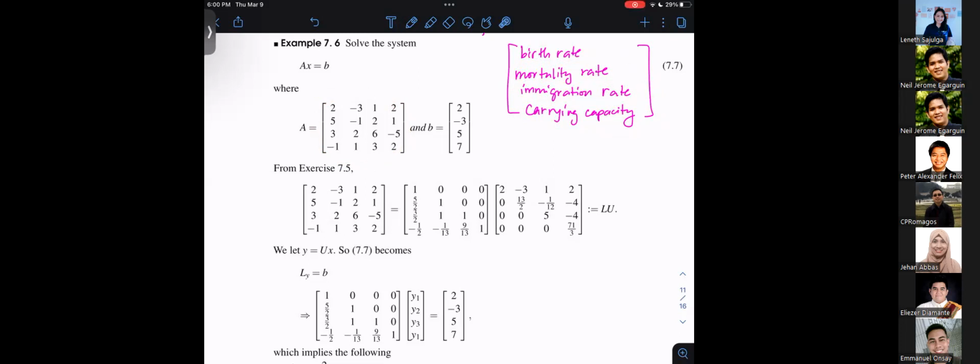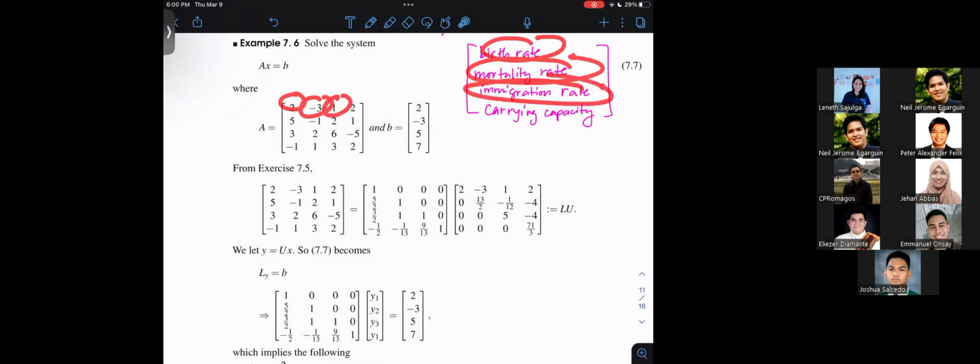So from local communities up to a larger community. So for instance, in District 1 of your province, you found out due to experiments, data analysis, and so on, that twice the birth rate minus thrice the mortality rate plus the immigration rate plus twice the carrying capacity will give you a score equal to 2, whatever that score is, right?